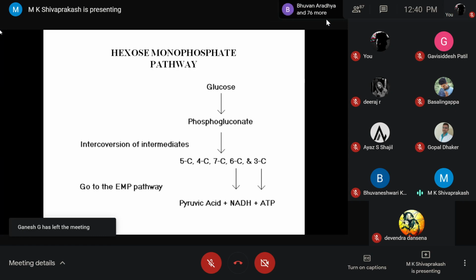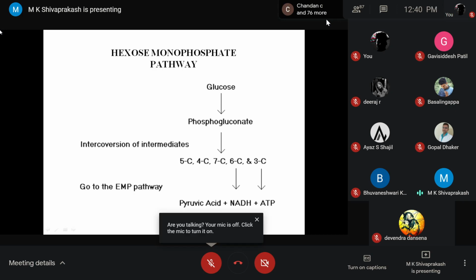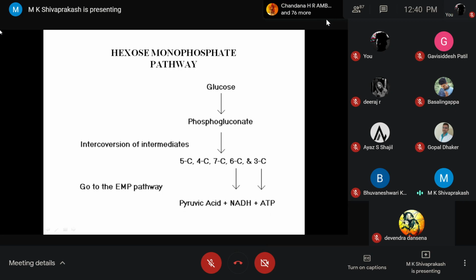Then the hexose monophosphate pathway, also abbreviated as HMP pathway or pentose phosphate pathway, PPP. Here, since these are all alternate glycolytic pathways, by definition their aim is to convert glucose to pyruvic acid, with the production of NADH or ATP.